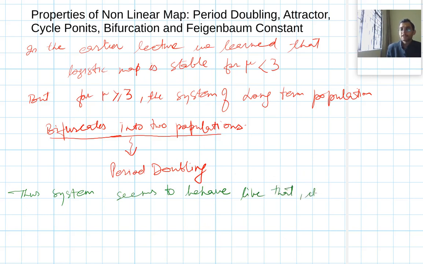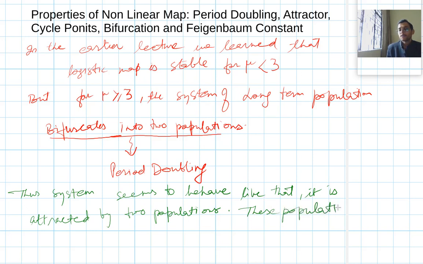It is attracted by two populations, and these populations are called attractors or cycle points.